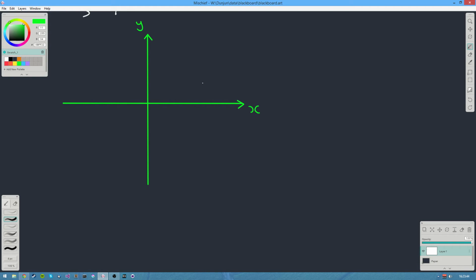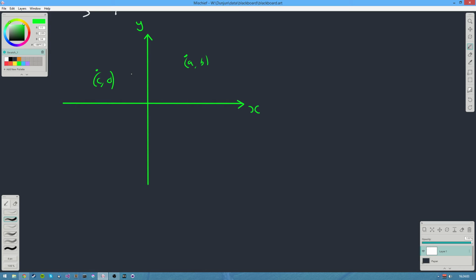So this is normally how we write numbers, we have an x value and a y value. We say this point here is at a, b, and that point there is at c, d, I'm just making this up. They're just points on a graph.